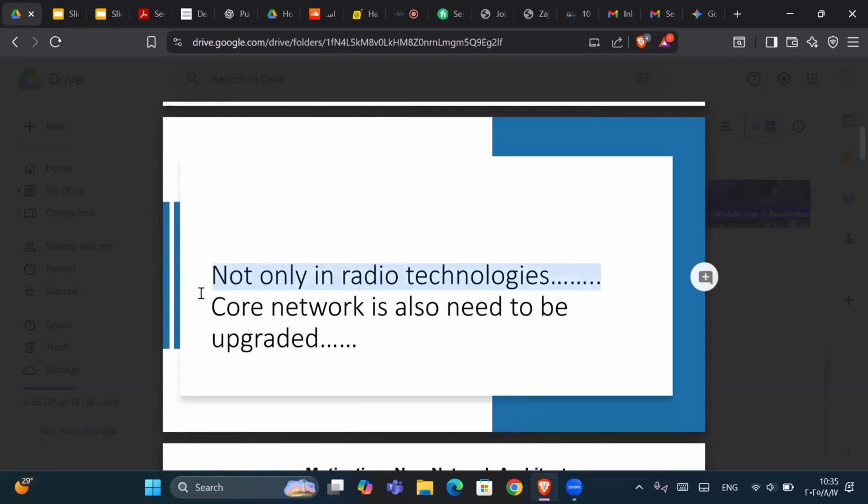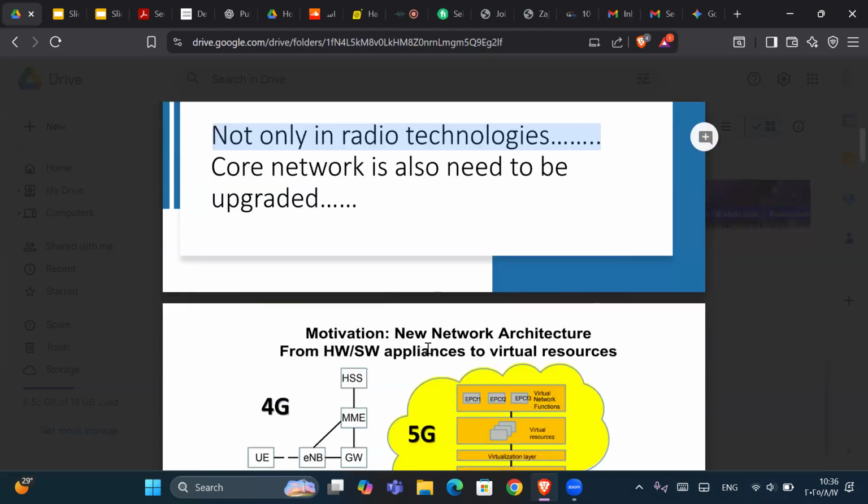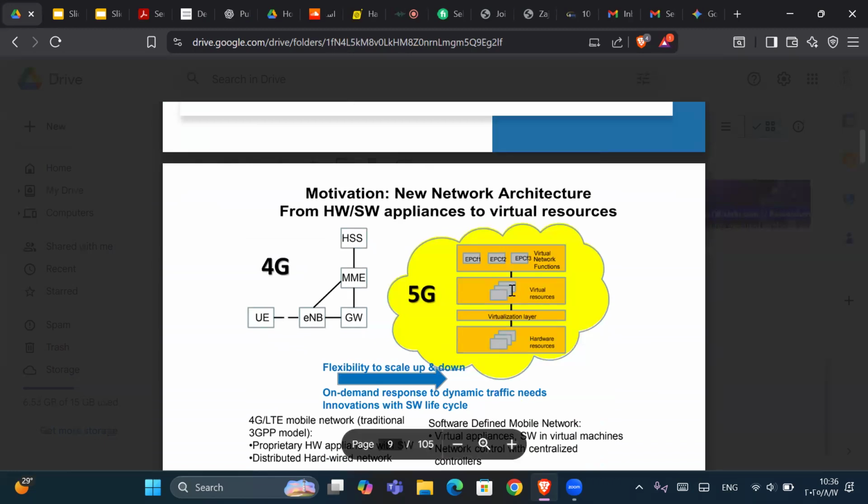Now, this statement says the improvements was done not just in the radio technology, but also in the core network. And the core network of 5G is different from 4G in the sense that 4G had just five major components like the user equipment, the eNode B, the gateway, the MME, mobility management entity, and HSS, home subscriber service.